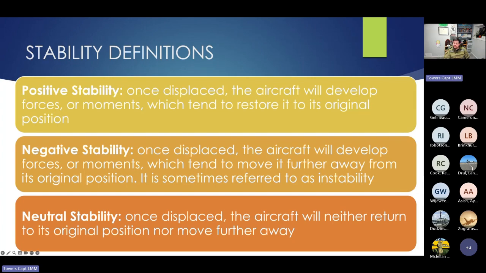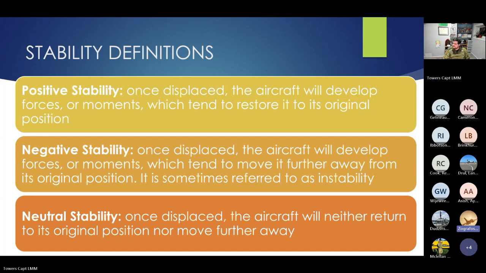So can anyone name some examples of when you might want to have positive stability and when you might want to have negative and when you might want to have neutral? Any ideas? Zographos?